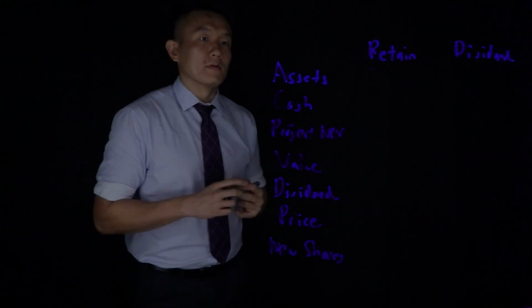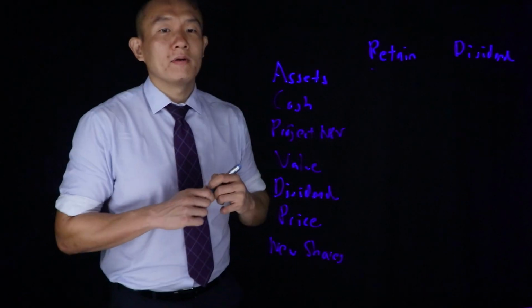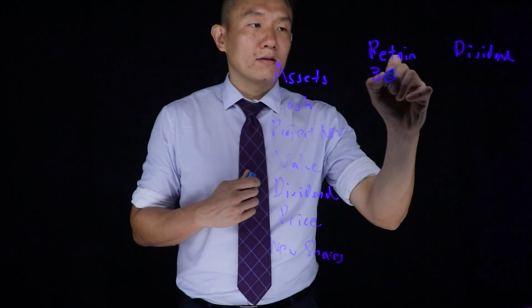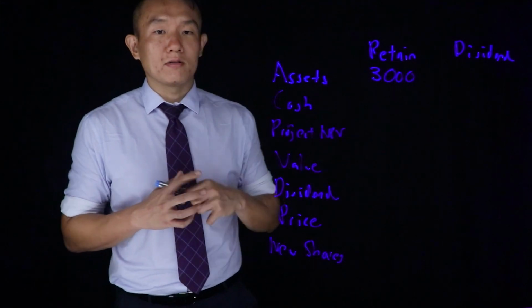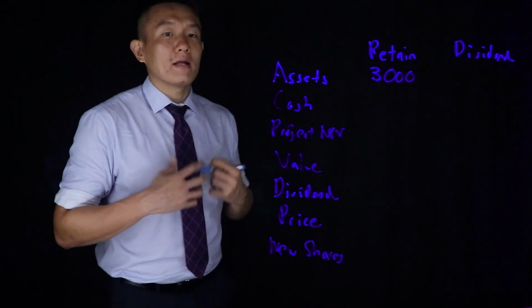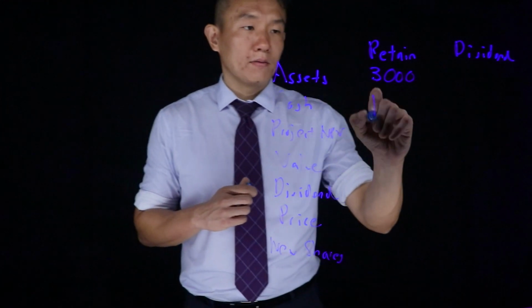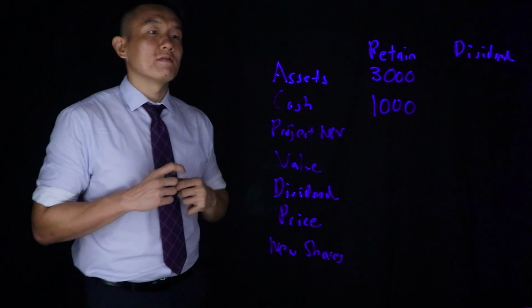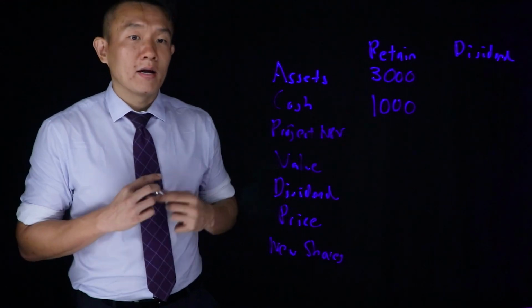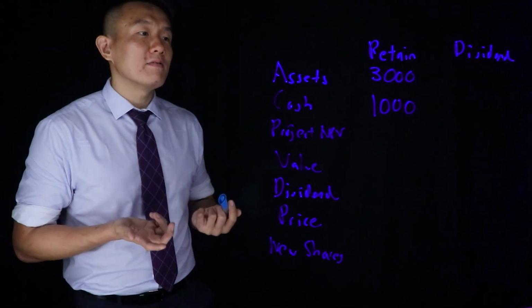So let's look at an example. Let's imagine we had a firm, and the firm has assets of 3,000 with 100 shares outstanding, and that it has earnings of 1,000. And it has the opportunity to invest this 1,000 in a project that has an NPV of 1,000.